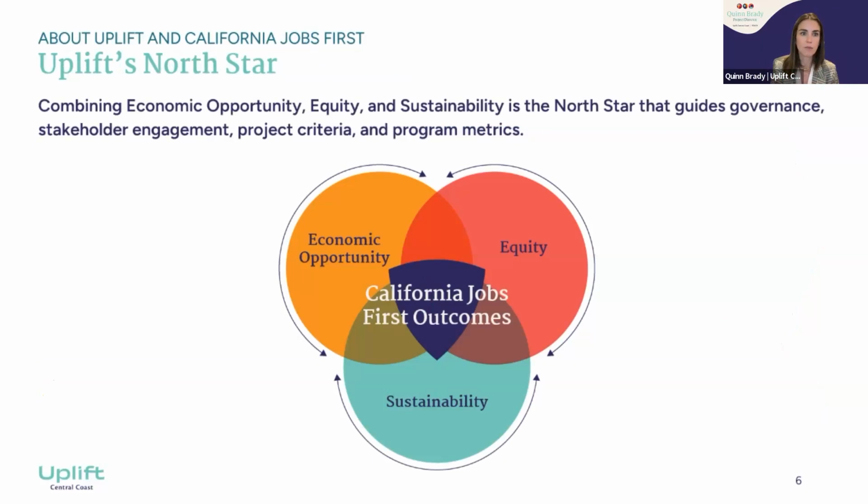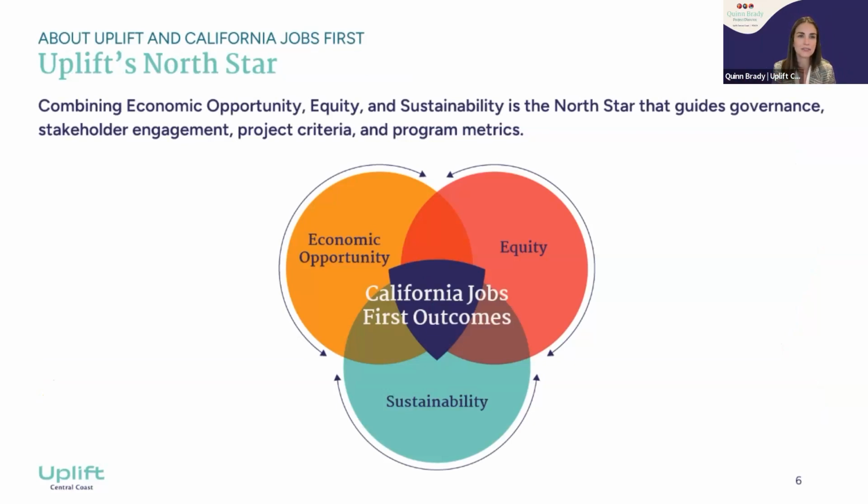On the next slide, all of our work is centered here at the heart of economic opportunity, equity, and sustainability. When we think about how we engage our community, project metrics and criteria, and our governance structure, we're focusing here at the heart of this work.